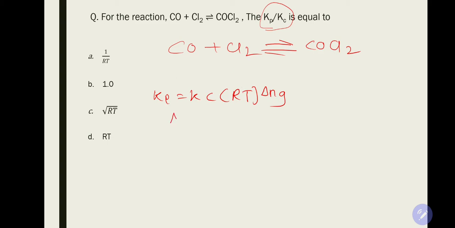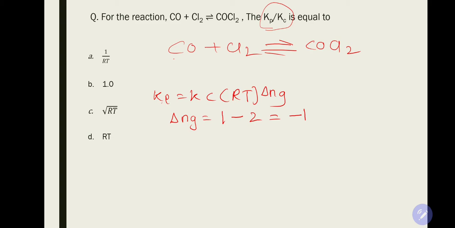What is the delta Ng? Delta Ng is nothing but the number of moles of product minus the number of moles of reactant. That is 1 minus 1 plus 1 is 2. So 1 minus 2 will give you minus 1. Now substitute this value.